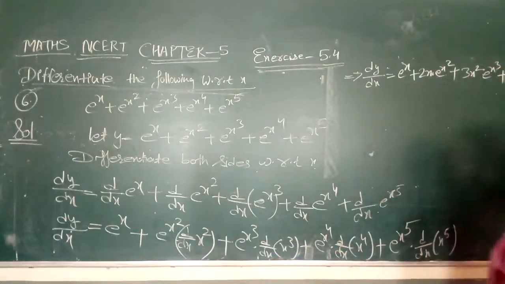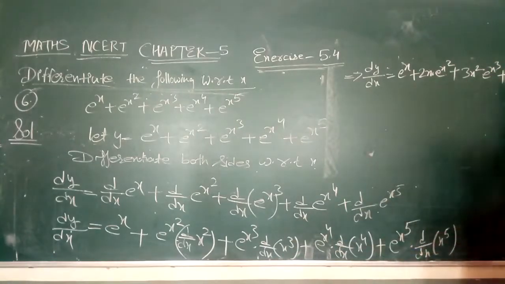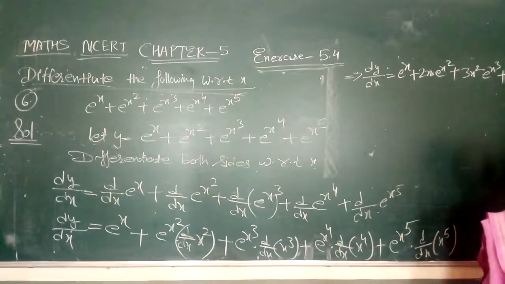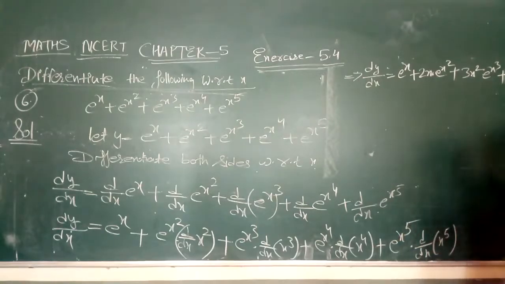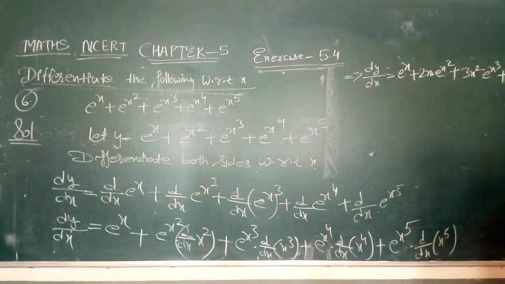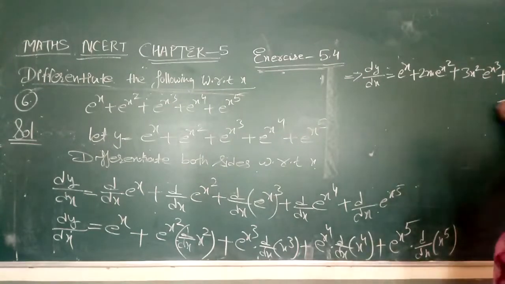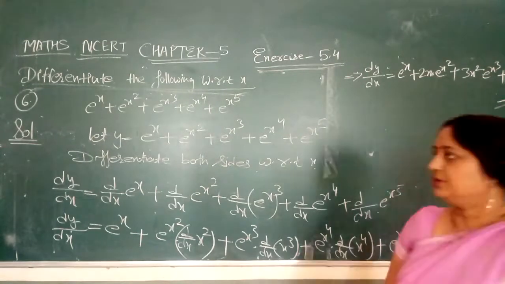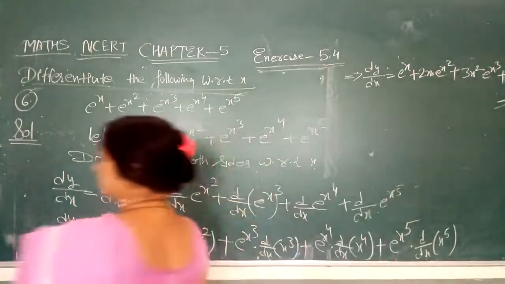After that the derivative of x⁴ is 4x³ and e^(x⁴) as it is. Then the derivative of x⁵ is 5x⁴ into e^(x⁵). This is the solution of question number 6. After that, if you want to take common, you can take common. Otherwise, up to this it is complete.